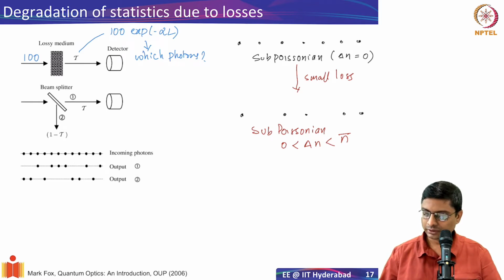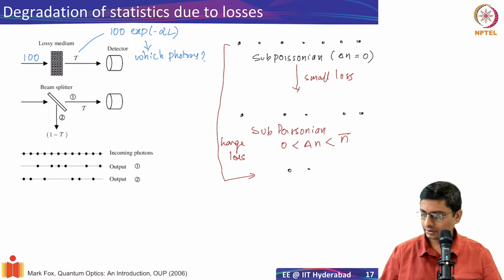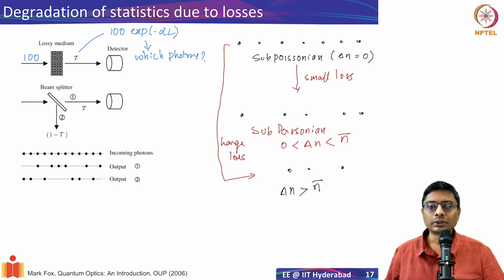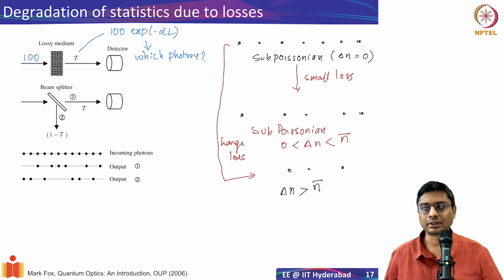Then a lot of photons might be absorbed, and eventually you might end up with just, let's say, 3 photons like this. Now the fluctuations are much larger than for the initial incident beam, so your delta n is going to be larger than the average photon number n1. So we can clearly see that losses can degrade the statistics.